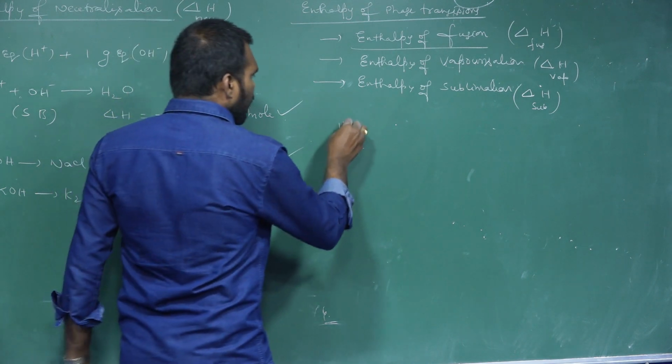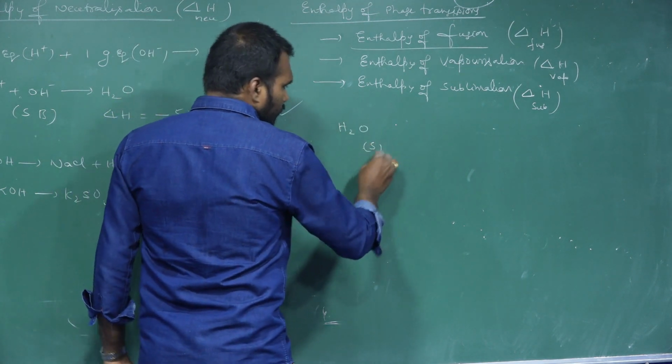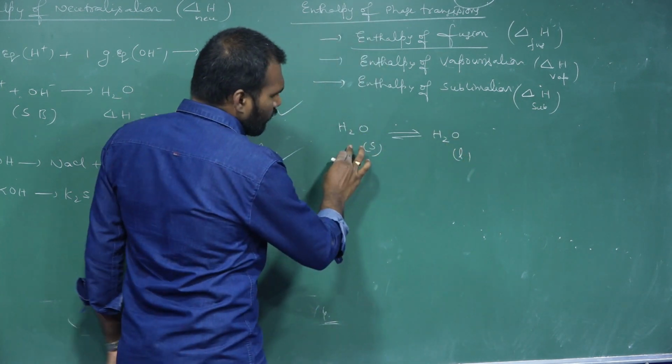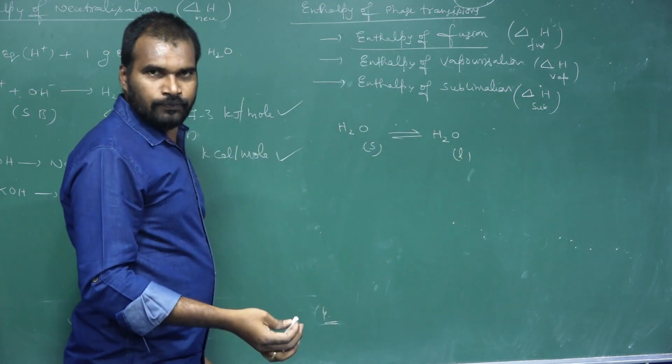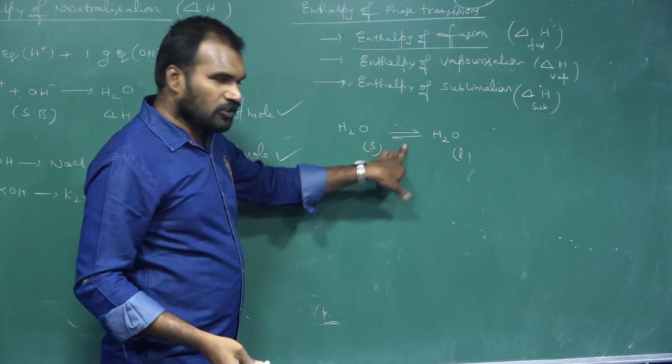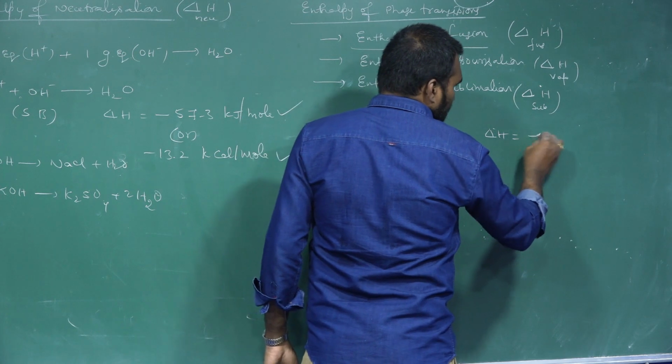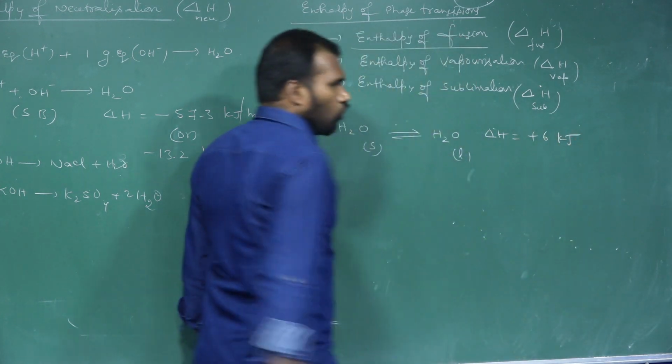So I can write H2O solid and H2O liquid, ice and water, at equilibrium. This process we call melting, and its del H value is nearly 6 kilojoule per mole.